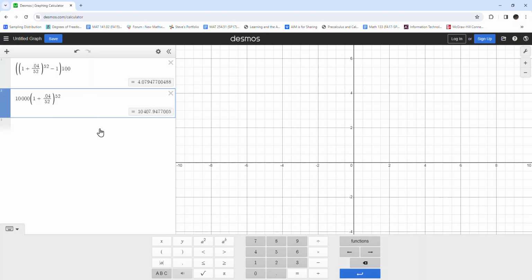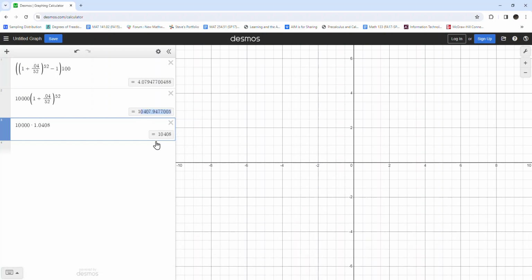Notice, by the way, I could have taken that effective interest rate that we calculated above and just multiplied the two together, and I'd get the exact same thing. We said it was approximately 4.08%. So if I put a 1 in there, I'm getting approximately the same values between these two.